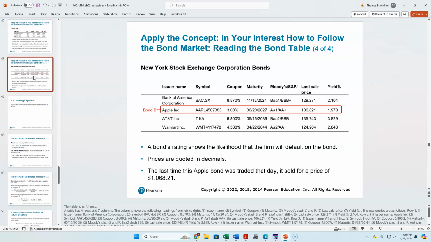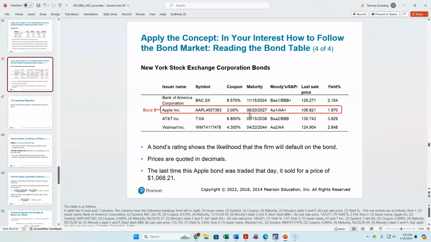If they were in the primary market, they would be issued by the investment bank, and then those people who bought it in the primary market would trade it with others. So the way we would read this is, Apple, the company, is issuing this bond that has a 3% coupon maturing in 2027. And then what becomes important when it's a corporate bond is that you need to see what its default risk is.